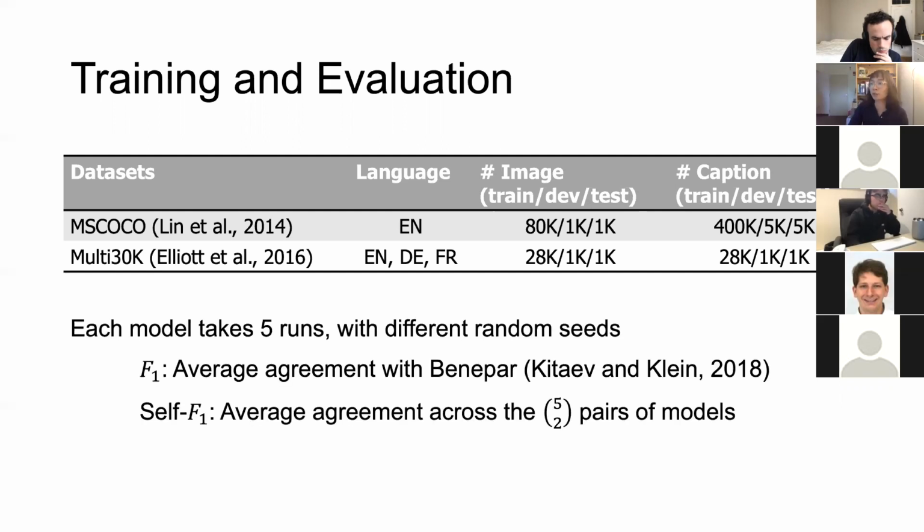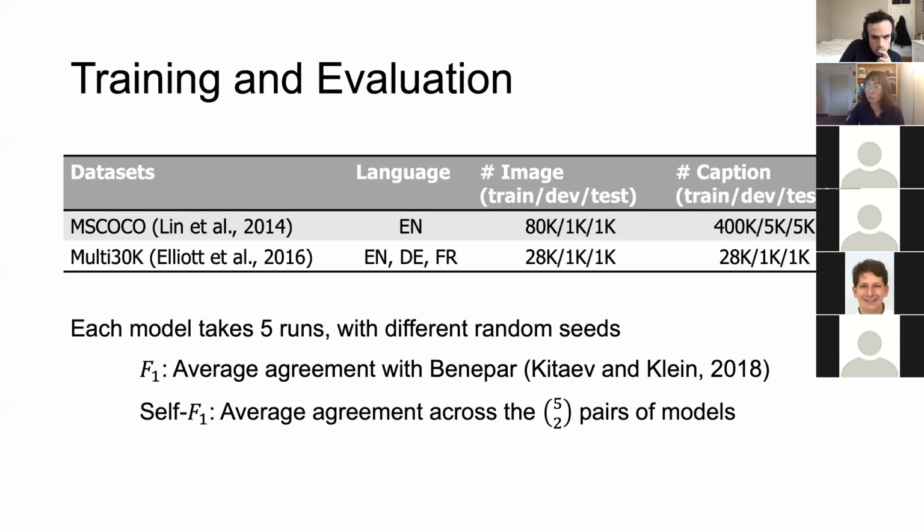We run each model for 5 runs with different randomness, and we report the following 2 performance metrics. The first one is the F1 score, which is the average agreement with the ground truth parse tree. Since on MS COCO we do not have human annotations for these parse trees, instead we are using the Benepar framework from Berkeley to derive the so-called golden parse tree.